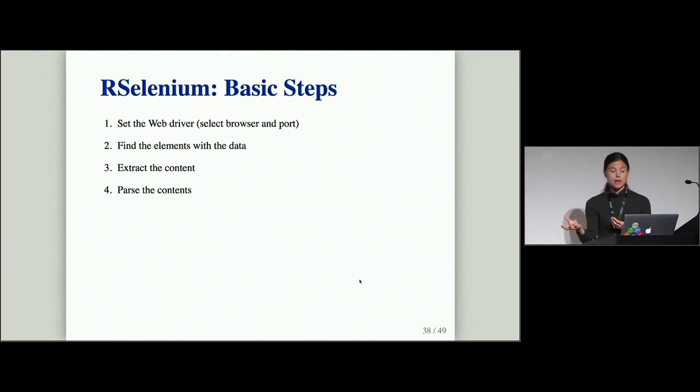You'll then provide some functions to extract the content once you found those elements, and then the parsing. And in this case, unfortunately, the parsing will be more involved because you're going to get the data in a bit more of an unstructured format than the nice tables that we saw with rvest or with reading in the JSON files.